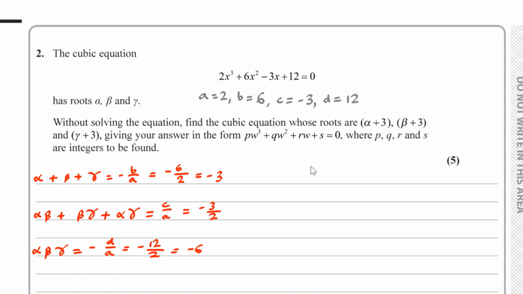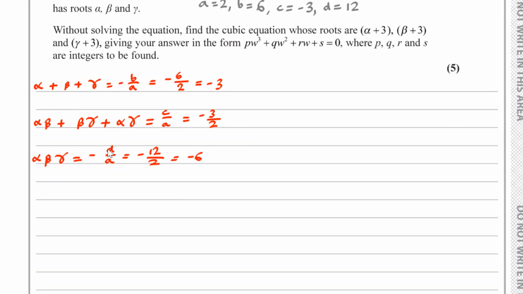Now, for this new equation, we've got these roots shown here. First of all we can find the sum of roots, the pair sum and the product to find out a new cubic. For the sum of roots, we add together the three new roots: alpha plus 3 plus beta plus 3 plus gamma plus 3.